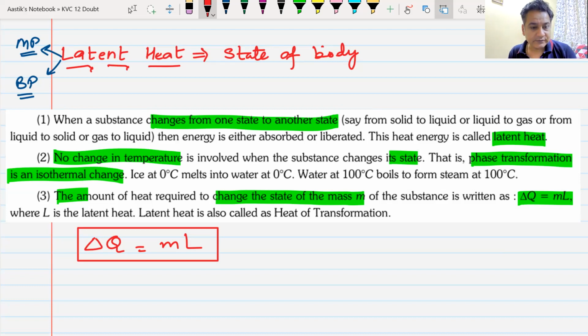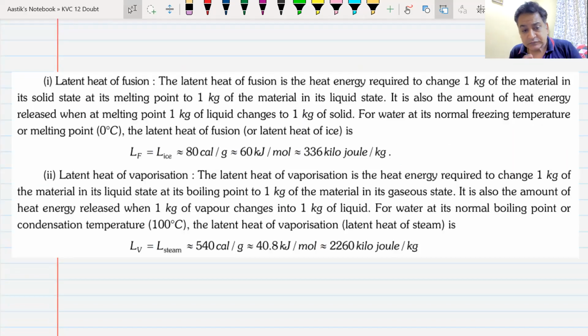Shall we move ahead in life? Wait, sir. Noted down the important points. Yes, sir.